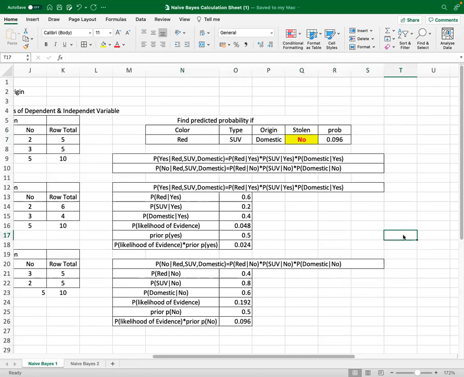So the probability of the vehicle being stolen if it is red color, SUV and domestic is no. Why? Because the probability of no is higher than probability of yes.